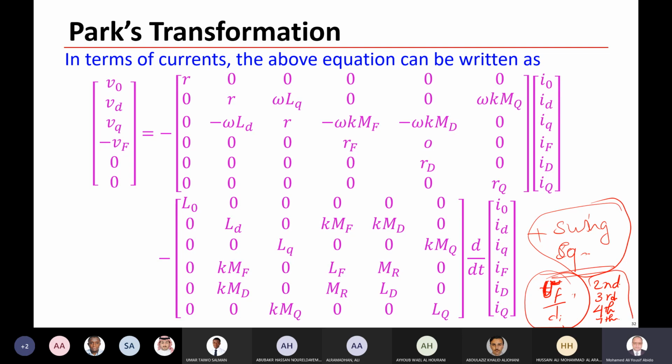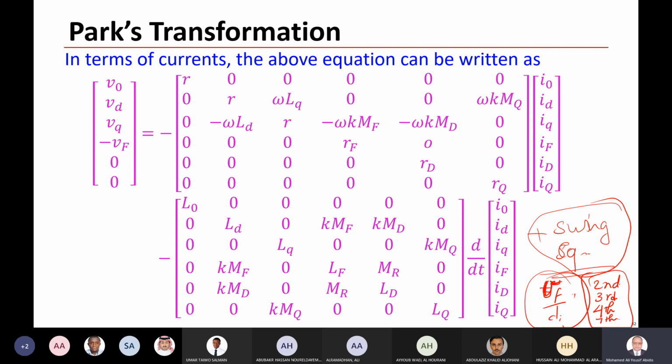So these are the models that we can have for the synchronous machine. Keep in mind that this is only for the synchronous machine. We didn't include any exciter modeling, governor modeling, or mechanical part modeling. This is only the synchronous machine.